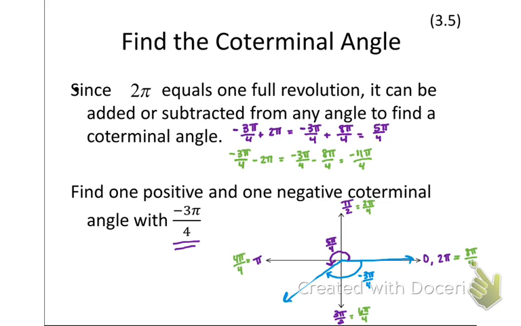Now, we know that 8 pi over 4 makes one full rotation. So not only are we going to be doing a full rotation, we will then be going an additional 3 pi over 4. So this negative 11 pi over 4 is now represented by the green line.